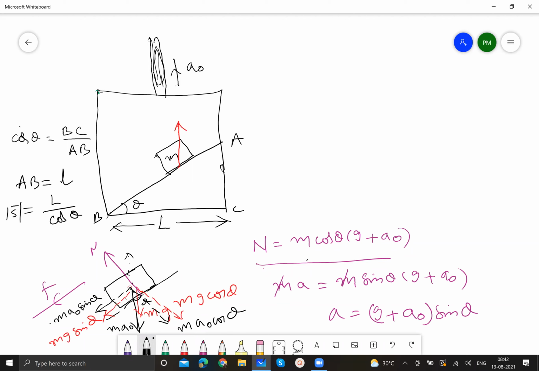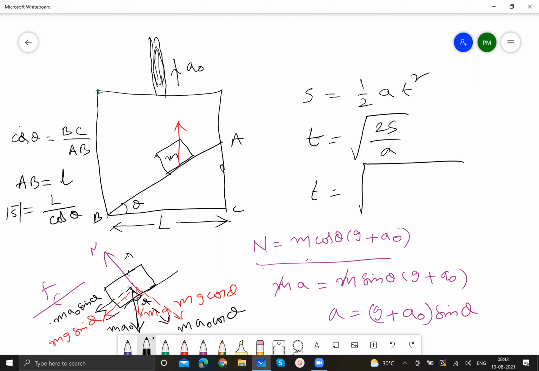Next, using our second equation, because the block starts from rest at A, s is half a t square. Therefore, t will be equal to root of 2s by a, means this is root of 2 into small l by g plus a naught into sine theta.